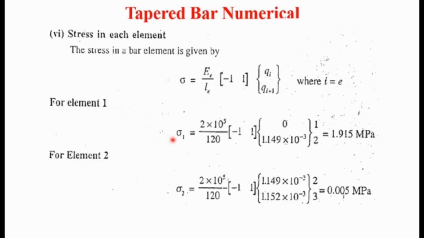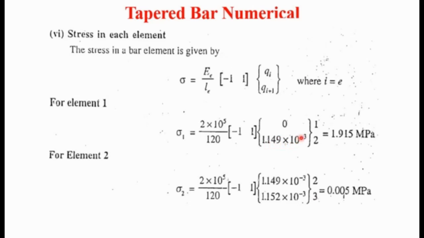For the first element, the stress sigma 1 is equal to E1 divided by L1 into minus 1 1 in Q1 and Q2. So sigma 1 is equal to 2 into 10 raised to 5 divided by 120, minus 1 1, 0 and 1.149 into 10 raised to minus 3.